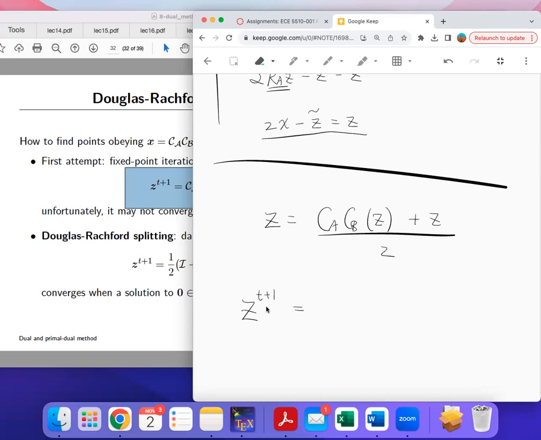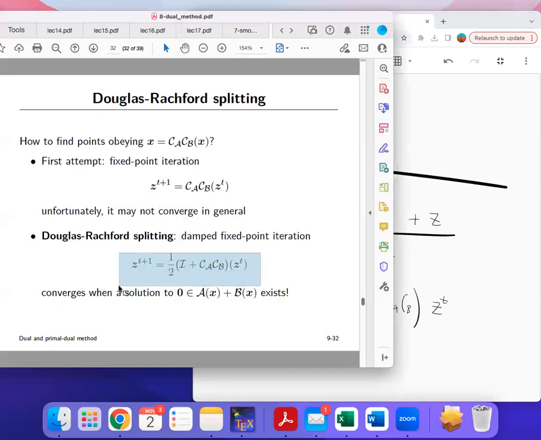So the left-hand side is our next iteration, and then the right-hand side is our previous iteration. Right. So we have this damped fixed point iteration inspired by the original fixed point iteration.